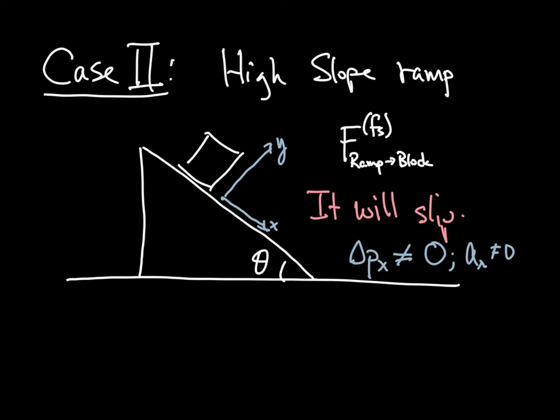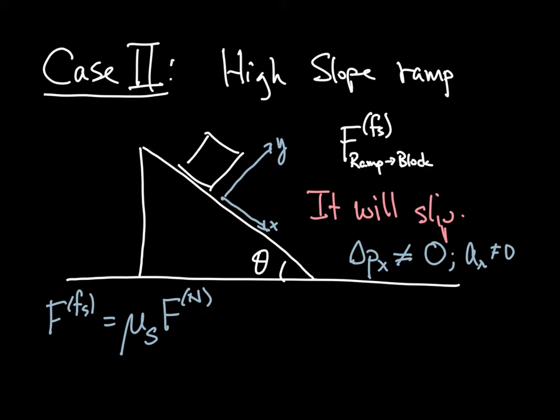But here we can use the rule: this is the maximum possible static friction, which is equal to mu sub s times the normal force.